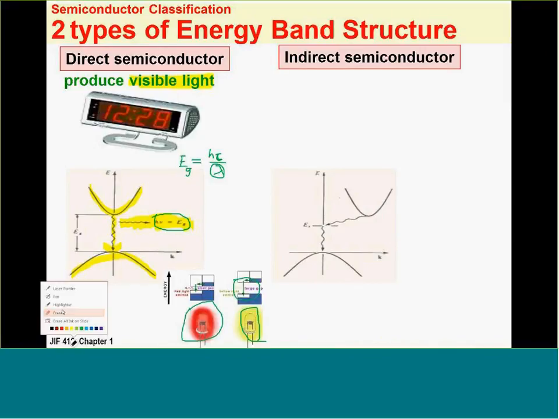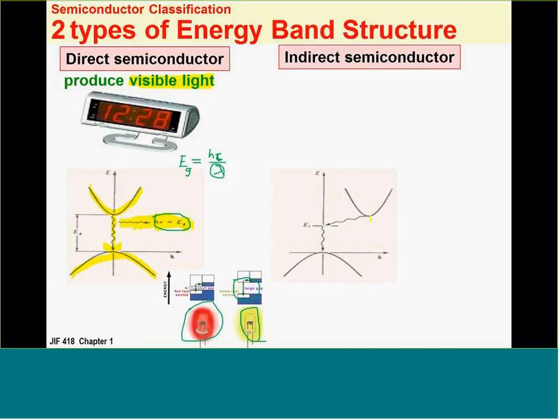Instead of the bottom of the conduction band edge ni, dengan the top of the valence band edge ni, kita tengok dia terlari sikit. Kan? Instead of one on top of the other, dia more towards, it's not straight, but it's position at a different position, ya, jauh sikit kiri ataupun kanan.